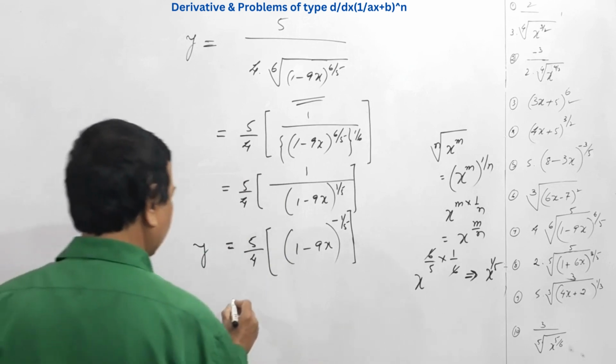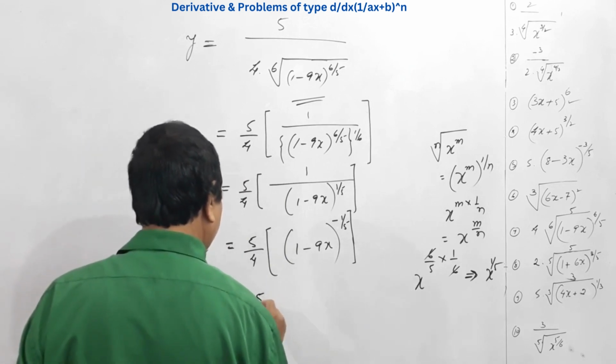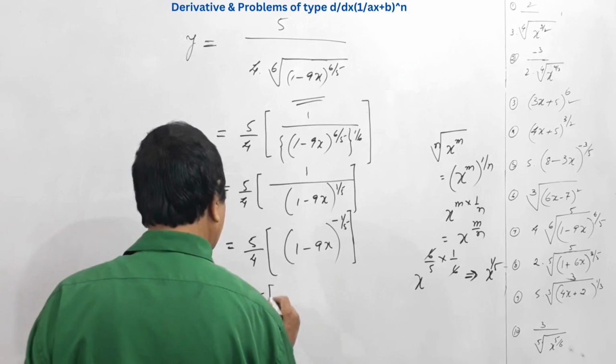So dy by dx is equal to what? 5 by 4, I will write as it is.